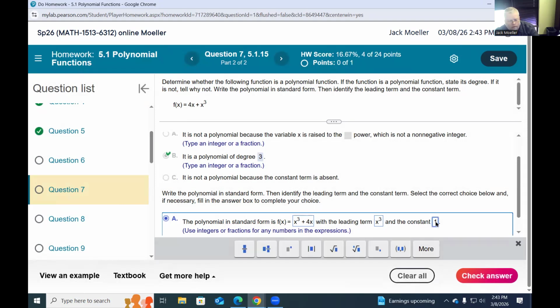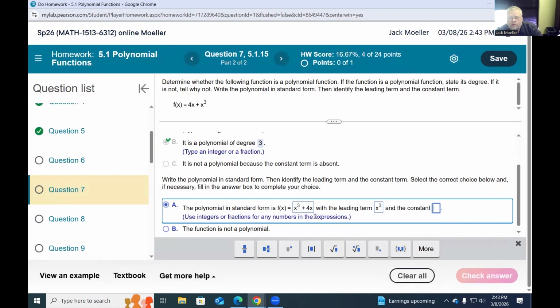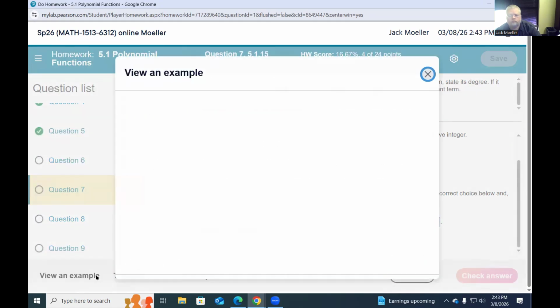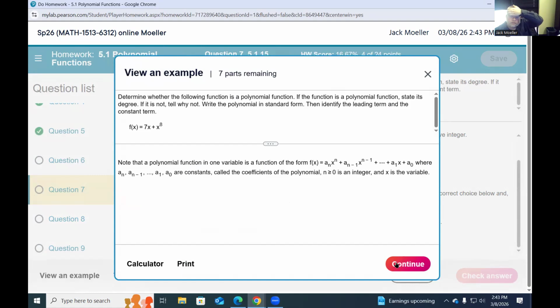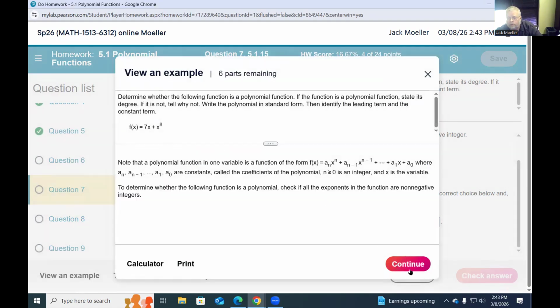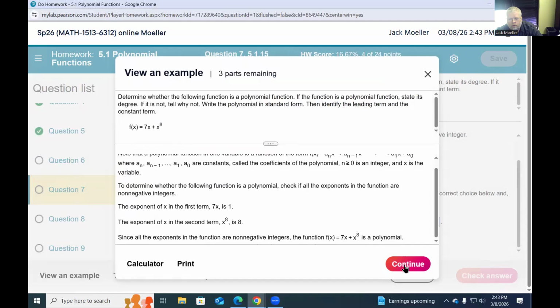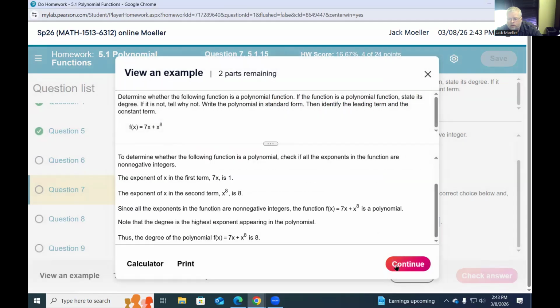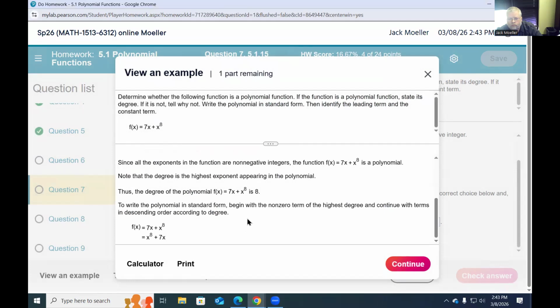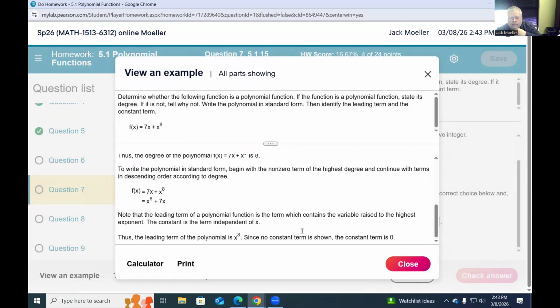So what are they wanting? So here's how I would do this. When this isn't making any sense, go to the example. So they're going through great detail on that. So in standard form, yes, we're putting it in descending order. All right, so that's good.